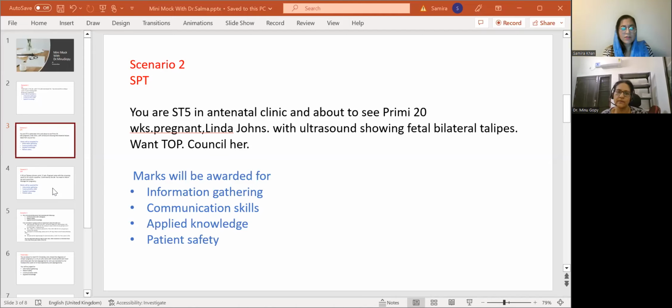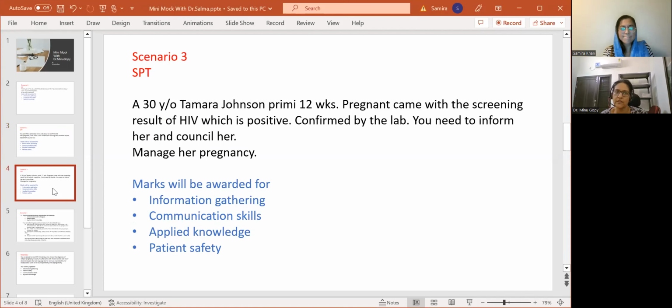So let me see what you have done with the third case. What was it? HIV. So here you asked about pap smear. There is a need of asking about pap smear, sexual history, partners, all these things need to be asked.